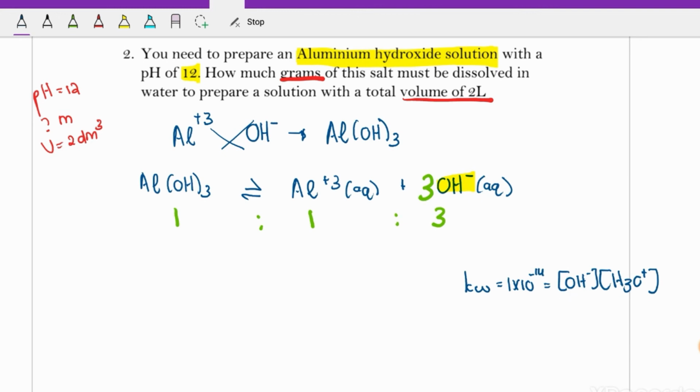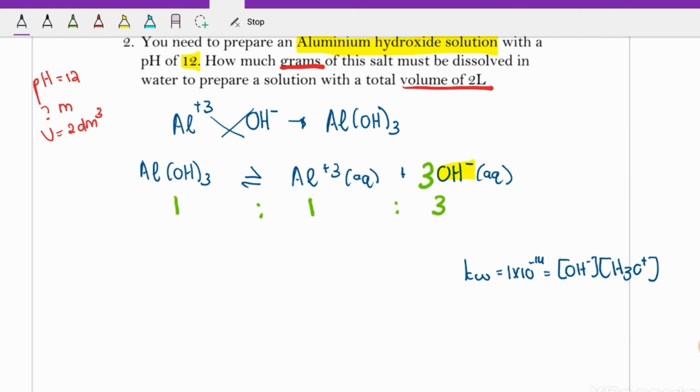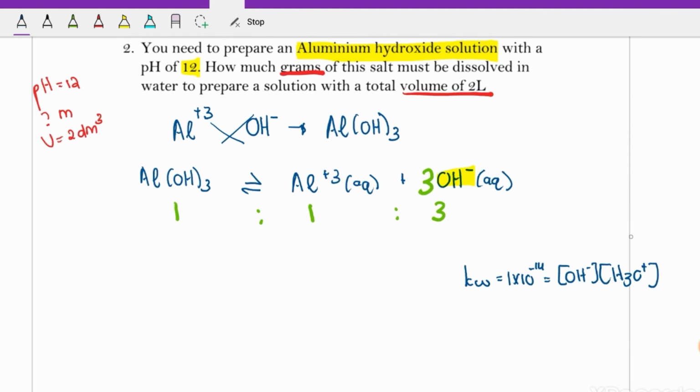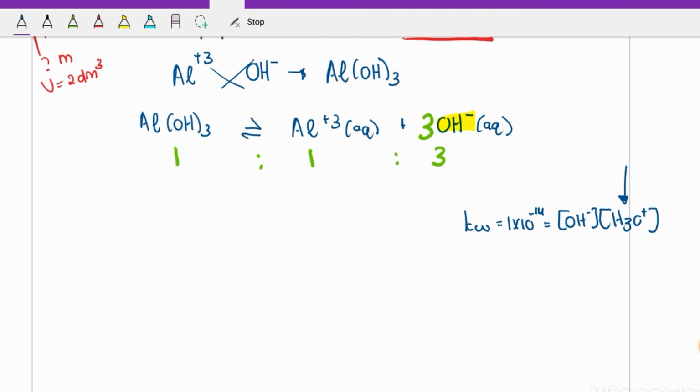Okay, because in this case, they actually give you a hint as to what this is. And what they tell you is that the pH is 12. So in other words, I can work out what my hydroxide ion concentration is.